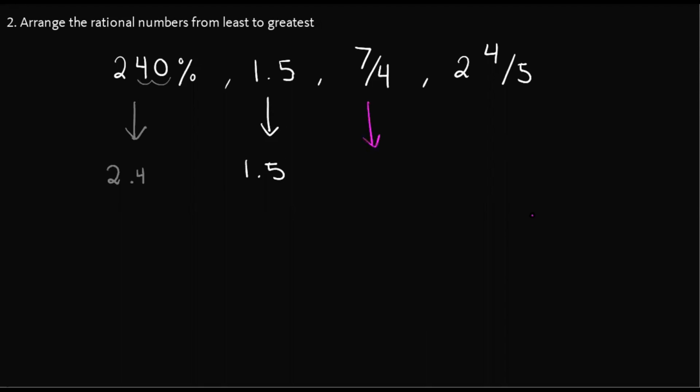So let's add a scratch out here. So we have 7 divided by 4. This would give us 1. This one would be 4. Subtract that, give us 3. So this one will be 1 and 3/4.